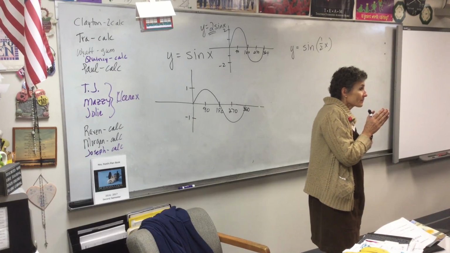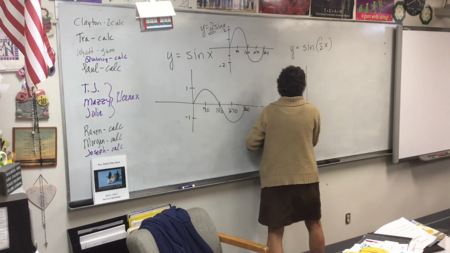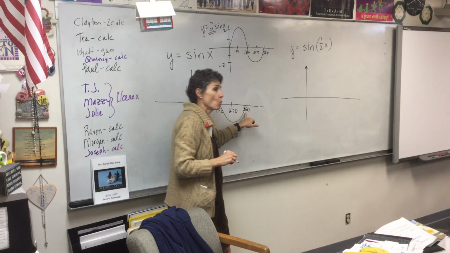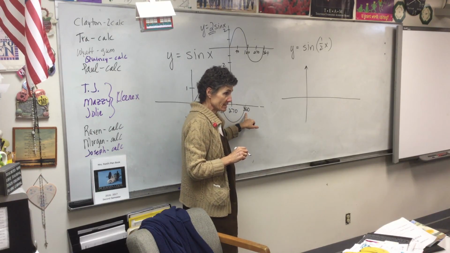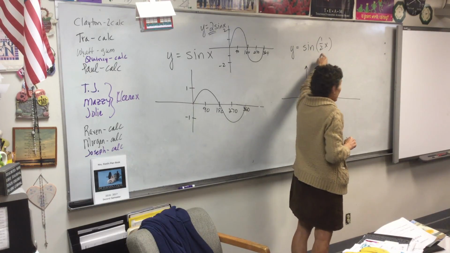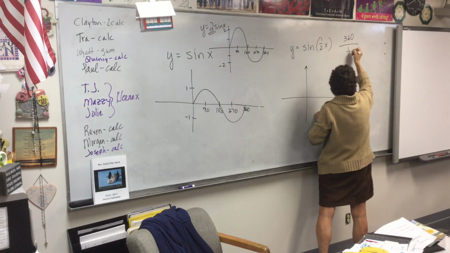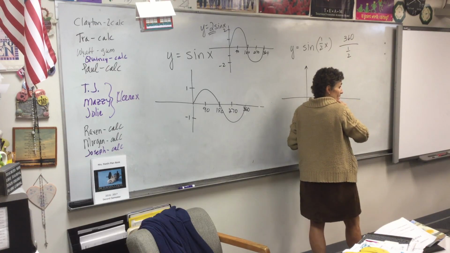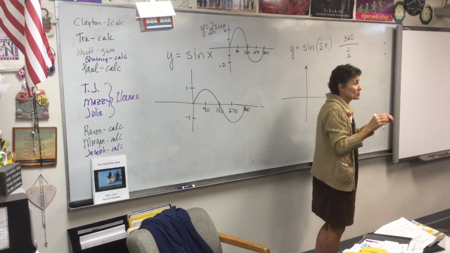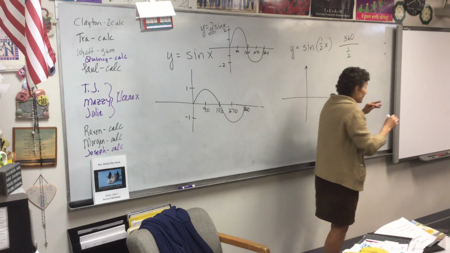Jonathan? It's a fraction, doesn't make it. It does, because what we're going to do is take our normal ending point, and for the sine, what is your normal ending point? 360. And we're going to divide it by that number. So we're going to take 360 divided by 1/2. Because like Jonathan said, it's actually going to stretch it. Because when you divide by 1/2, it's the same as multiplying by 2.